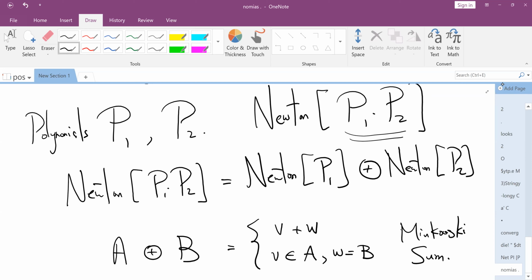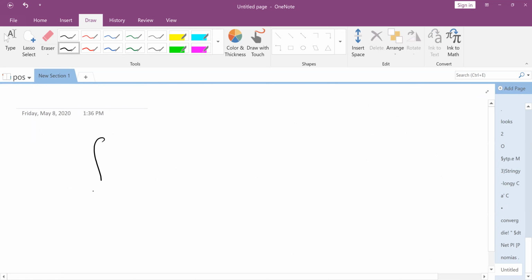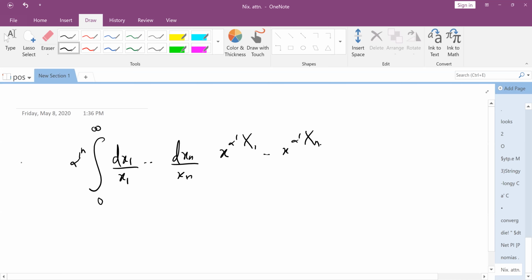And so that lets us immediately answer the question of what we get if we have a more general integral of this form, dx1 over x1 up to dxn over xn. Again, we have our alpha prime to the n and all the dx's out in front to turn into a form, but that doesn't matter for this. Let's say we now have P1 to the minus alpha prime c1 up to Pj to the minus alpha prime cj.